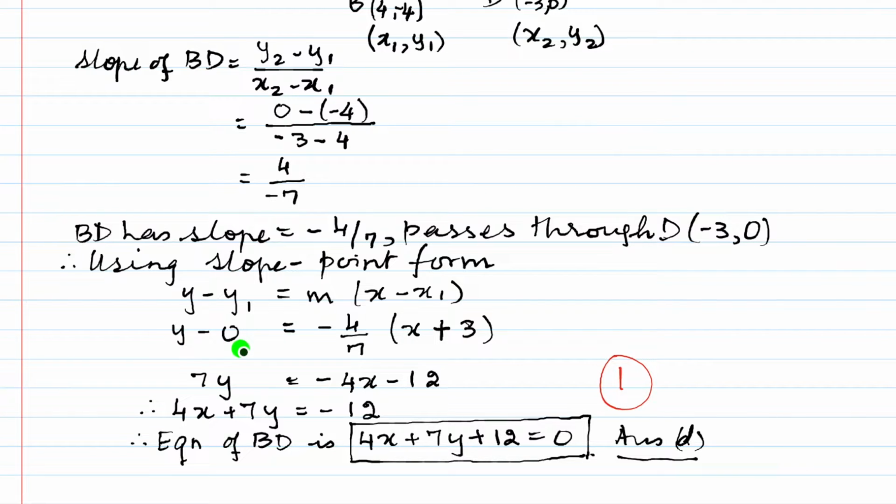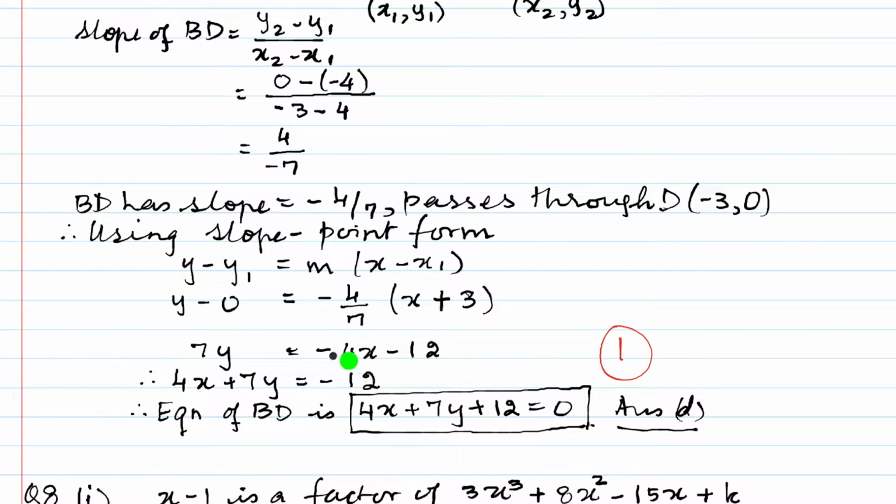So y minus 0, and m is minus 4 upon 7, and x minus (-3), so that becomes x plus 3, and then 7y is equal to minus 4x minus 4 into 3, that is minus 12. Take 4x this side so that x is positive, and 4x plus 7y equal to minus 12. We keep all the terms on the left hand side and we say equation of BD is 4x plus 7y plus 12 equal to 0, and that is our 1 mark.